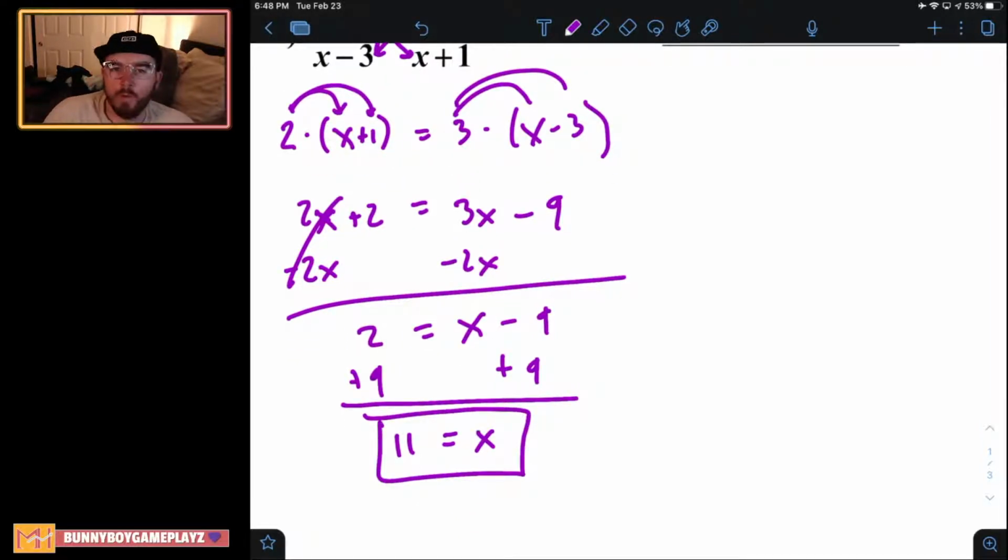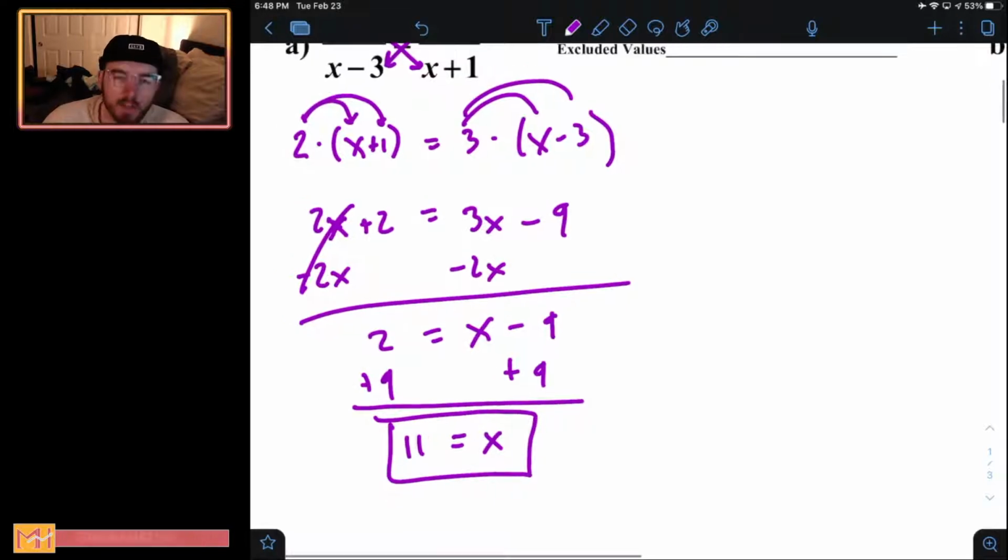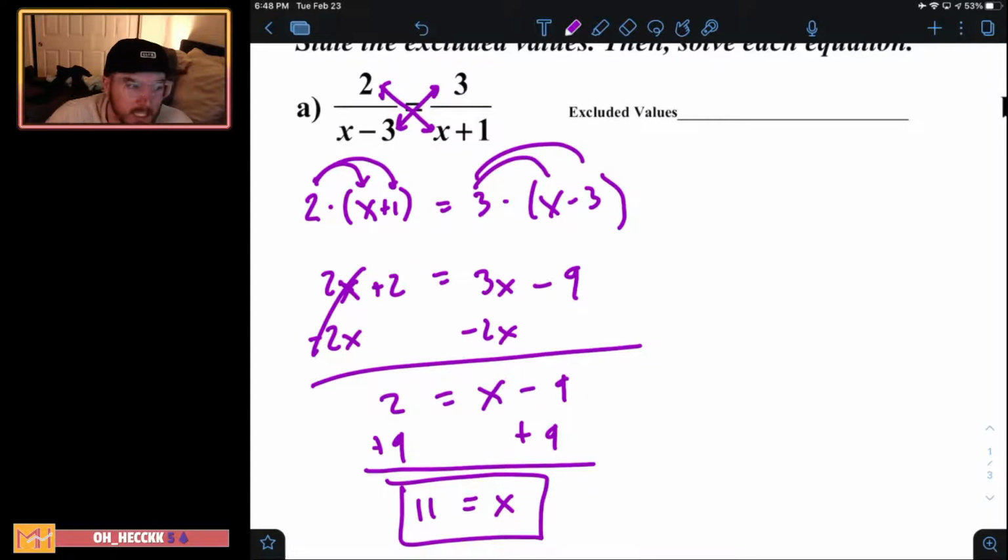But remember, with rational expressions, there are some values that are excluded. Why? Because we might happen to be dividing by 0. The nature of fractions is that theoretically our denominator could be 0, and if that were the case, we have a fake solution, an extraneous solution.